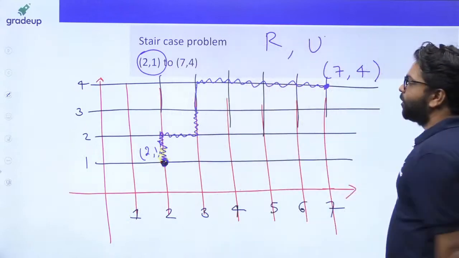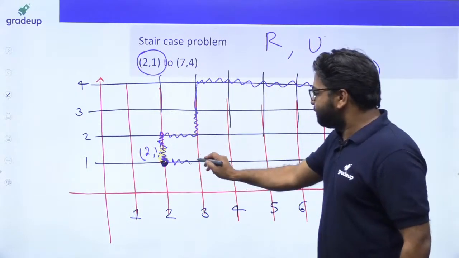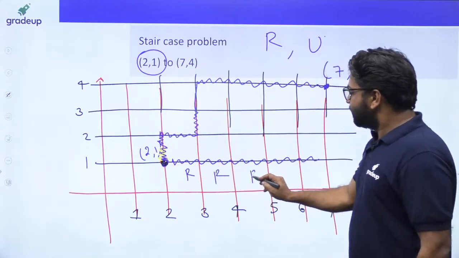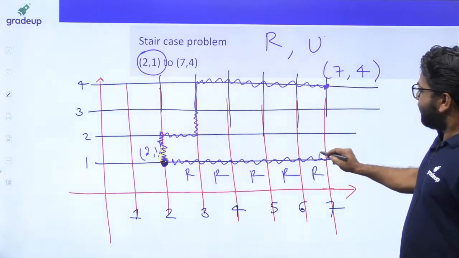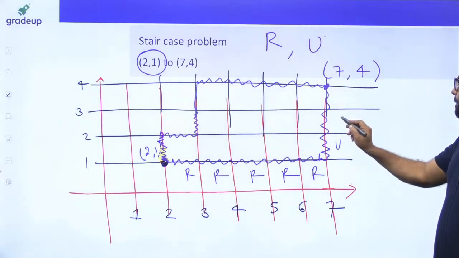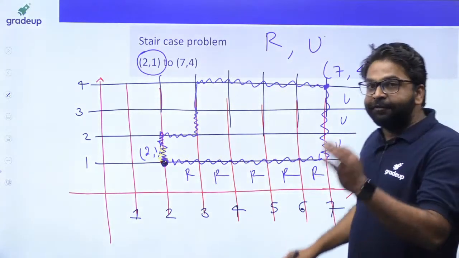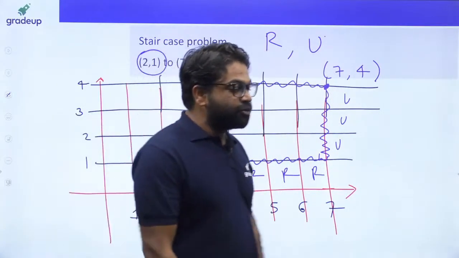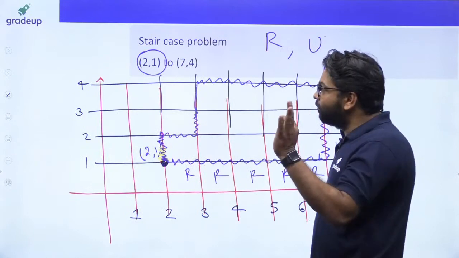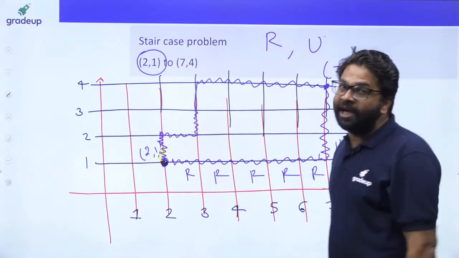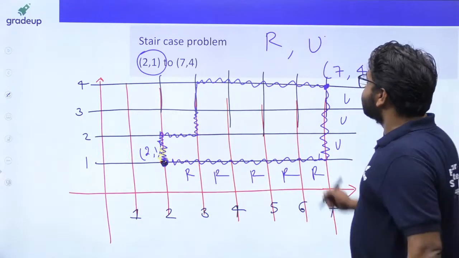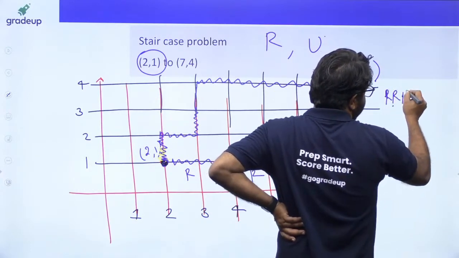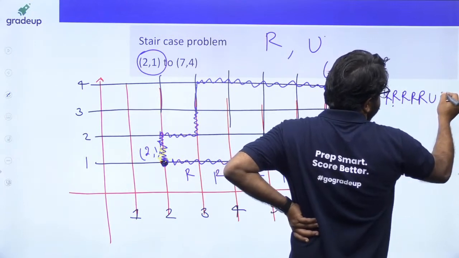The second type of possibility is right, and then up, and up. You might be confused about how to solve this, but focus on how many rights and how many ups you are getting. One particular possibility is that the robot takes 5 rights and 3 ups.